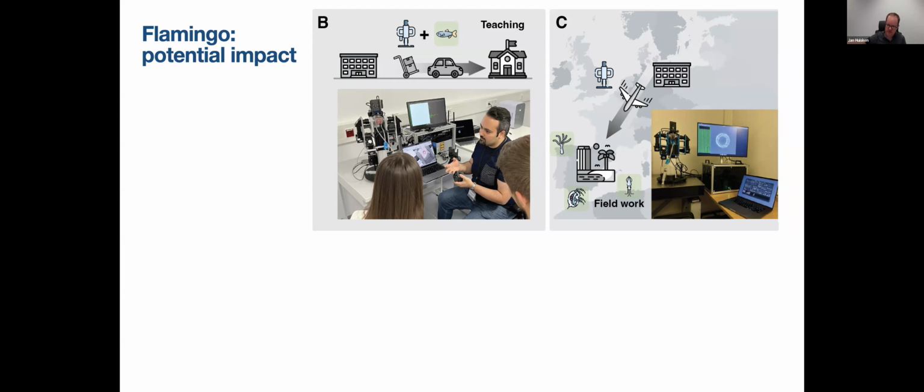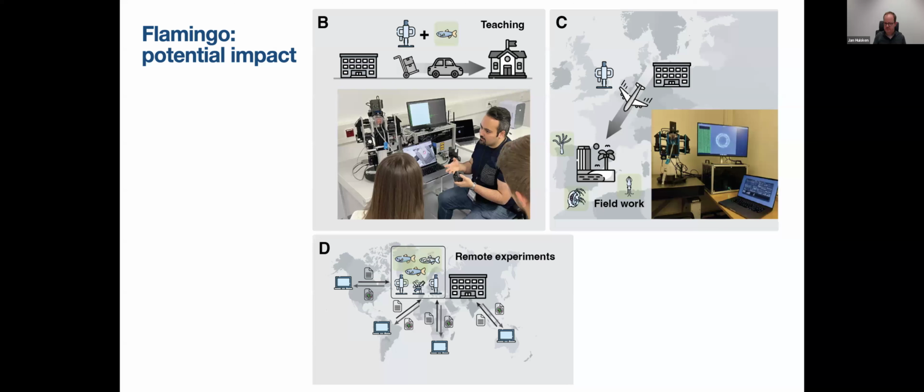And the remote control aspect helps in helping people do the experiment, right? The microscope needs to be where the sample is, but the person mounting the sample doesn't necessarily need to be a microscopy expert. Somebody remotely can do the experiment.